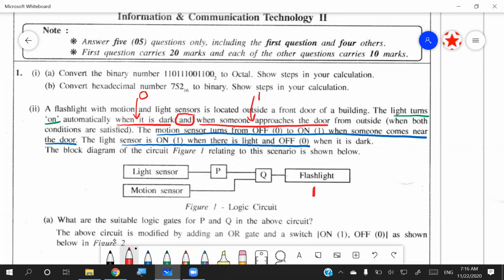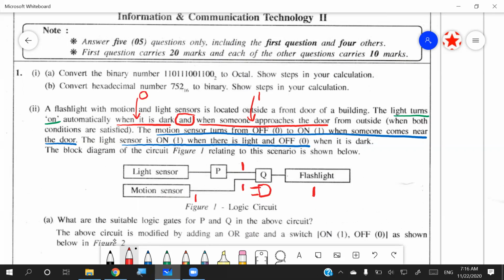So that means the lines which are coming through these sensors should go through an AND gate, because they are asking both the conditions to happen. So we know to go through an AND gate to receive 1, there should be a 1 over here and 1 over here.